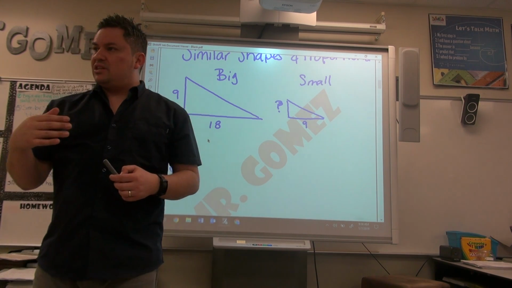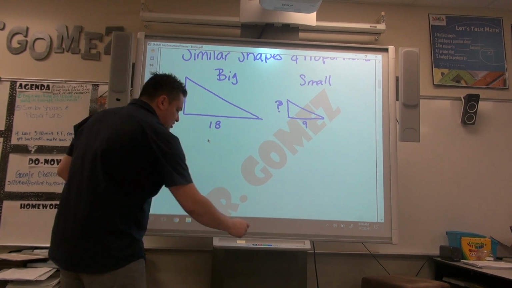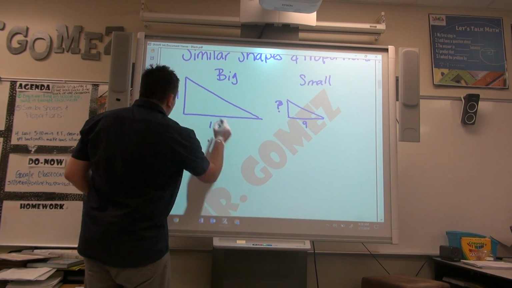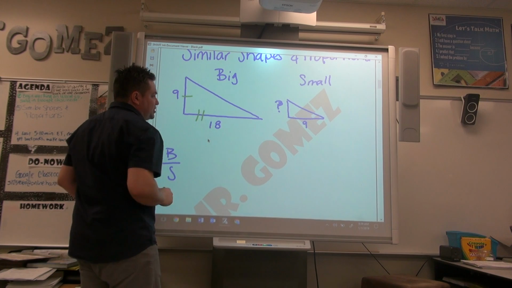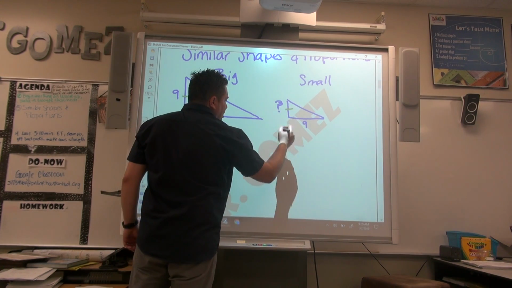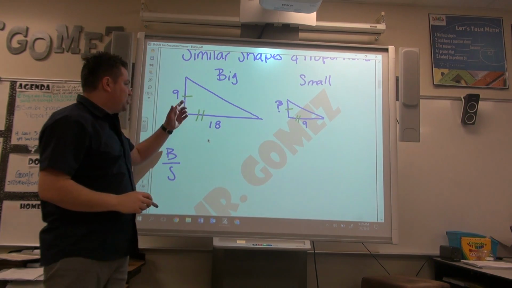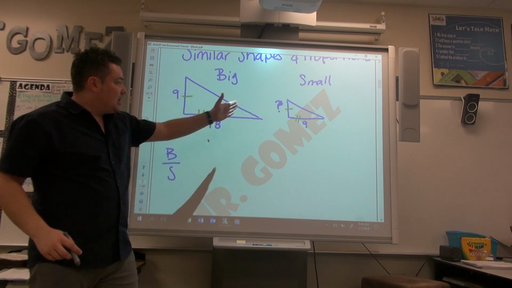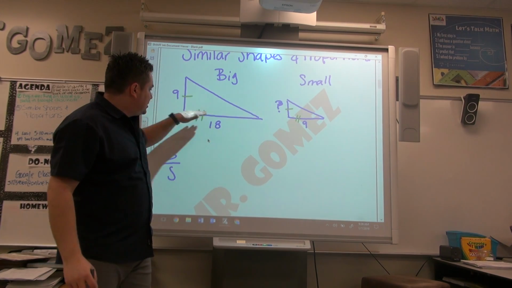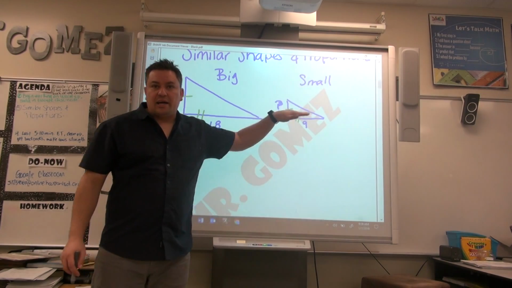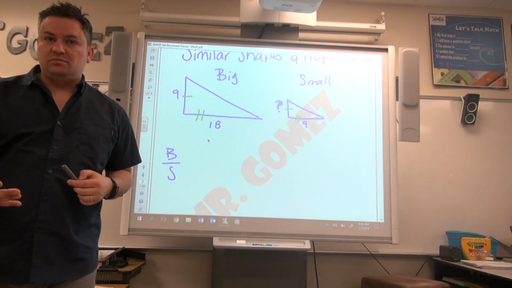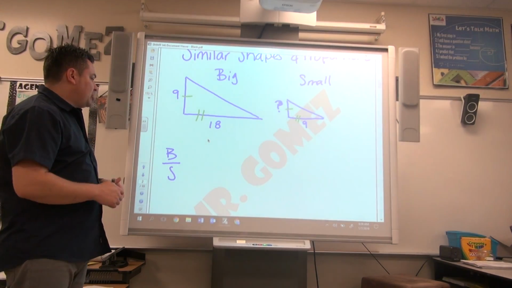Y'all remember when we did the tick marks a while back? This is my 1 tick mark, 2 tick marks. That represents that this side is similar to this side, and this side is similar to that side. They're proportional. By how much, we don't know. That's what we're gonna find out.